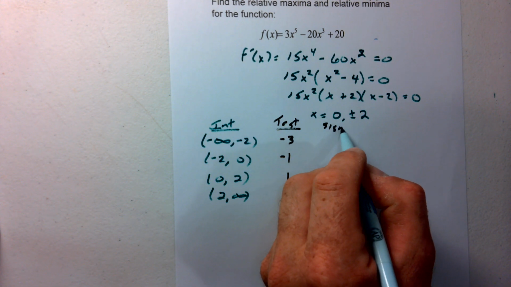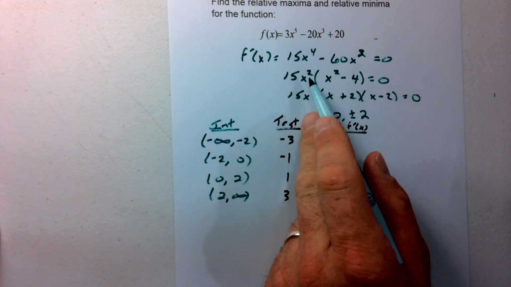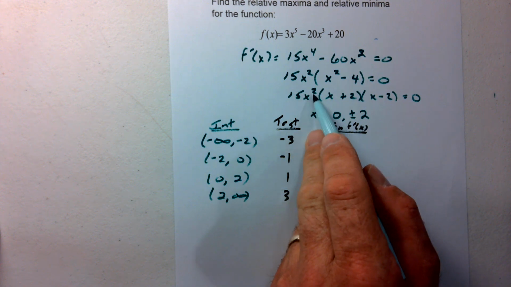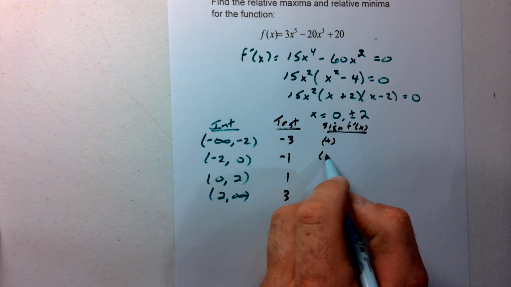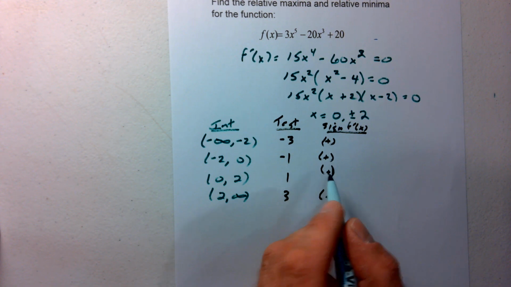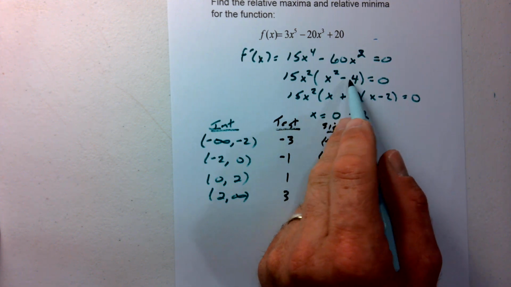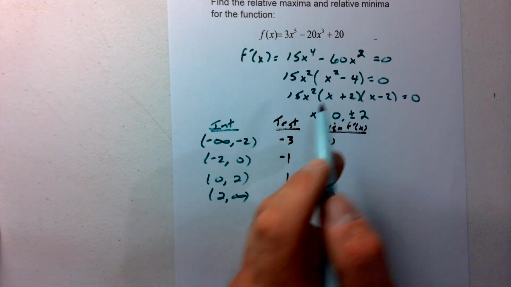I'm looking at the sign of f prime of x. If I look at my function, again I'm going to look down here. My first term is always positive, 15x squared. So I can start out being a positive on all of these, if you want. So that x plus 2 and x minus 2, or x squared minus 4, doesn't matter. Maybe we'll come up here, won't we? That makes a little more sense. We don't have to plug in so much.